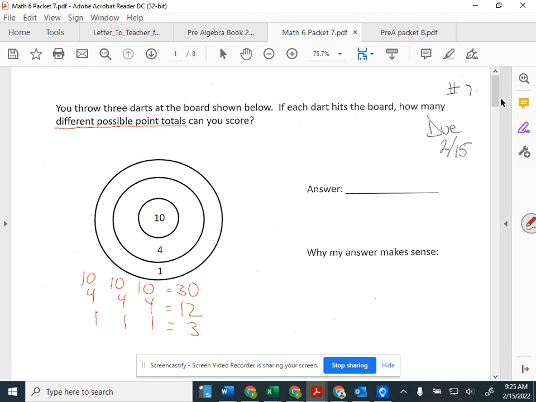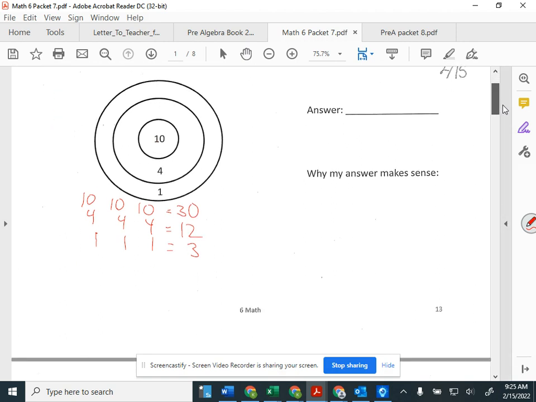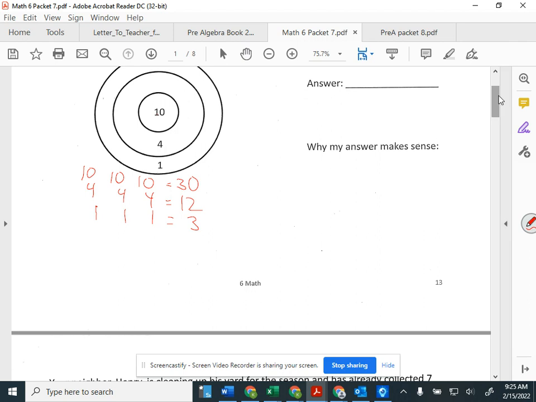We can hit them into lots of different, let me just go down so we have more room to work. We can have lots of different combinations. So the easiest way to solve this one is to actually write out all the different point combinations. There are 3 darts, and there are 3 different point values.